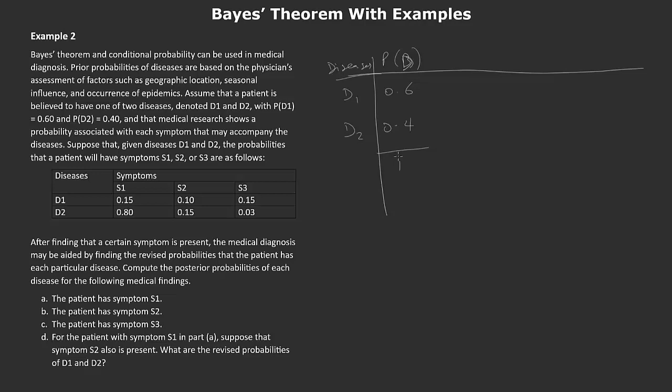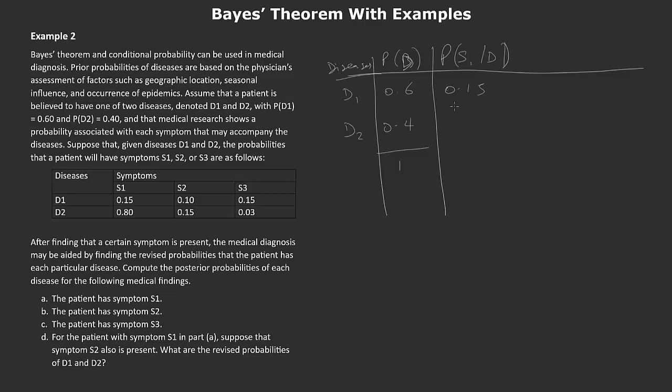So the way you think about it is as follows. What is the probability of S1 given any disease? What this means is, historically, whenever a particular disease is reported, what's the chance that that symptom will occur? So for the case of the first disease, the chance that you will notice that symptom is 0.15.